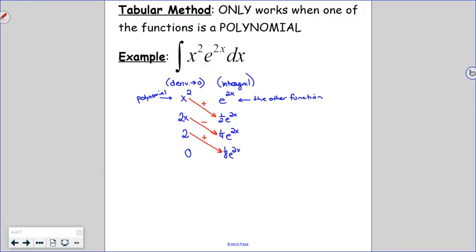So our end result, x squared times 1/2 e to the 2x is 1/2 x squared e to the 2x, minus 2 times 1/4 is 1/2 x e to the 2x, plus 2 times 1/8 is 1/4 e to the 2x. And as with everything else we do, plus c.